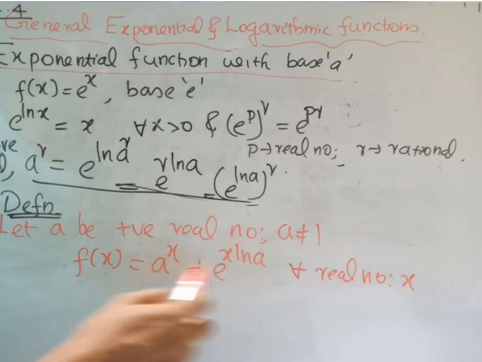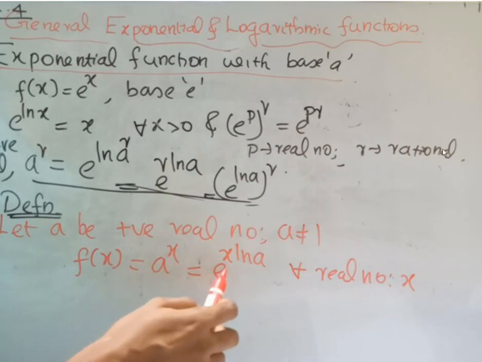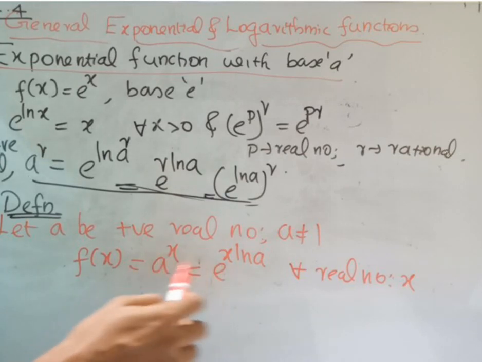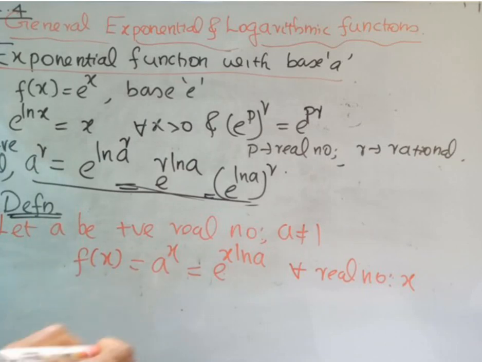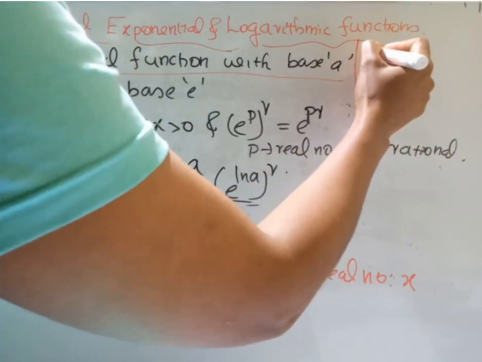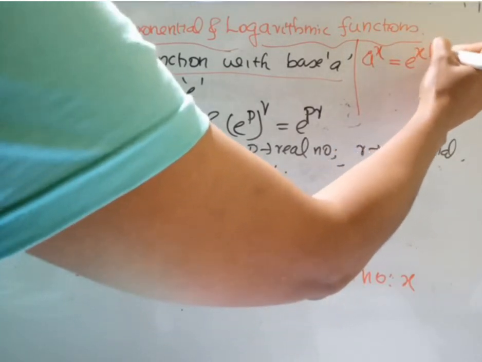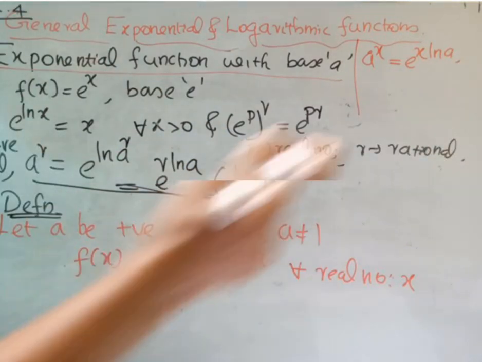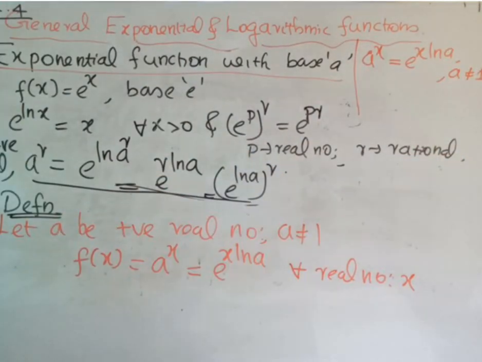This is the relation between the natural log and exponential function and the exponential function with a base. This is the definition, right? So we have to remember that a raised to x is equal to e raised to x log a, but a not equal to 1, as we need this to calculate.